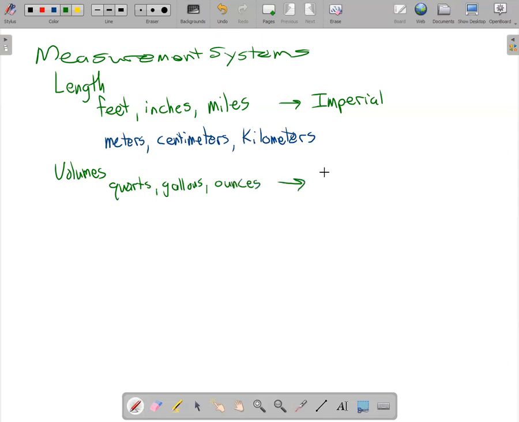These are, again, imperial units. Versus the metric system is going to use liters, or instead of ounces, we might use milliliters.